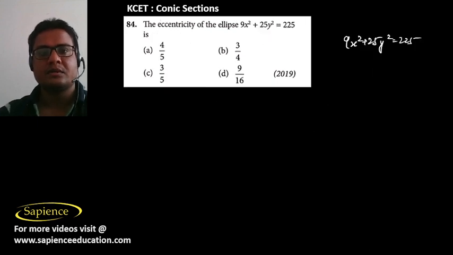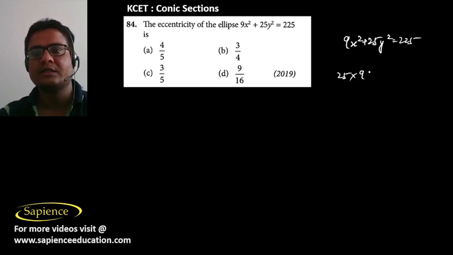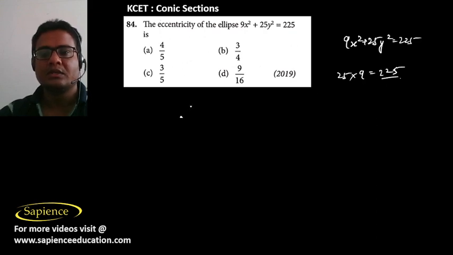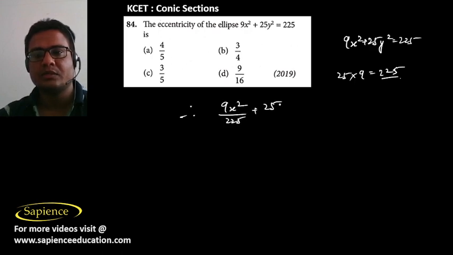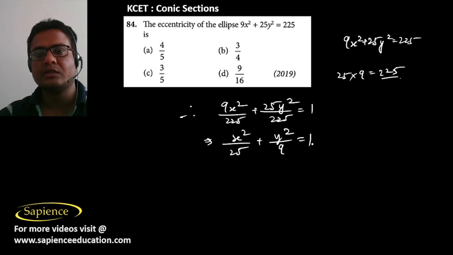So here we have to find the eccentricity of the ellipse. We know that 25 into 9 is 225. So we can write it as 9x square by 225 plus 25y square by 225, that is equal to 1. So this can be written as x square by 25 plus y square by 9, that is equal to 1.